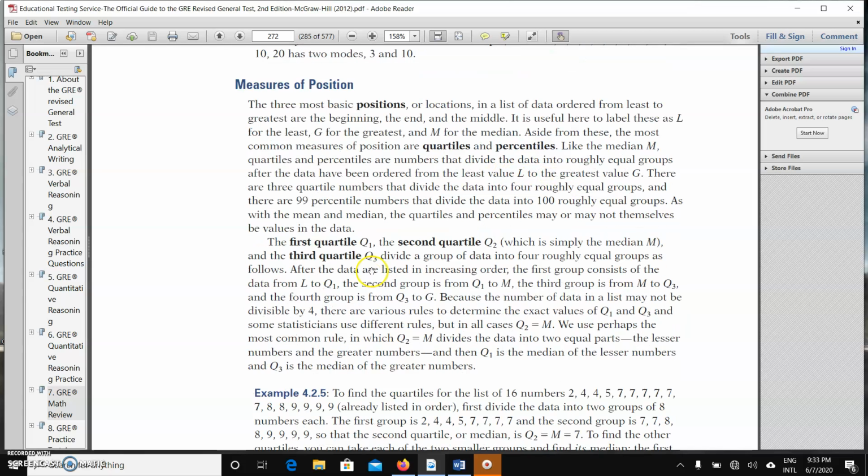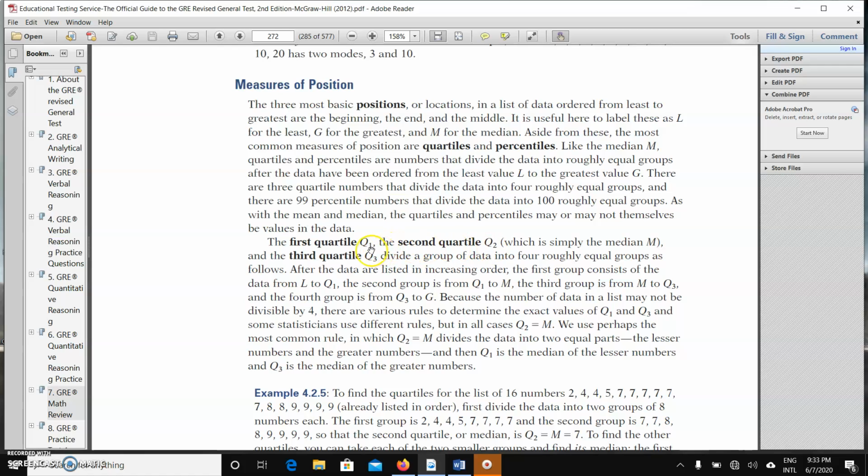When we are talking about quartiles, we have the first quartile Q1, the second quartile Q2, and the third quartile Q3. Q2 is the middle number, just like the median. So it's going to be just one value.